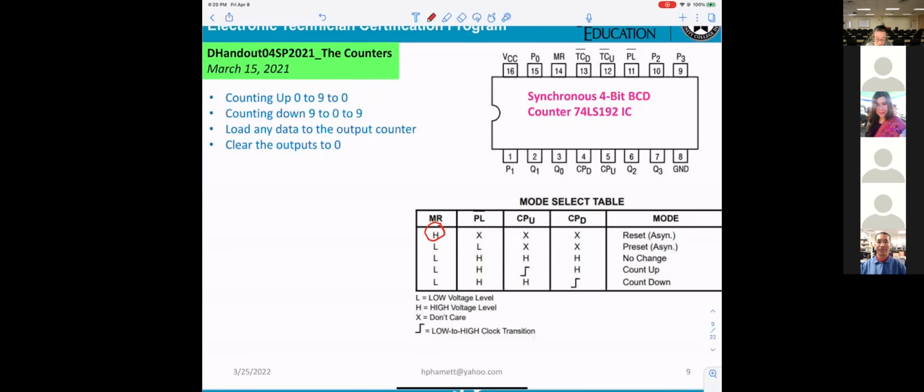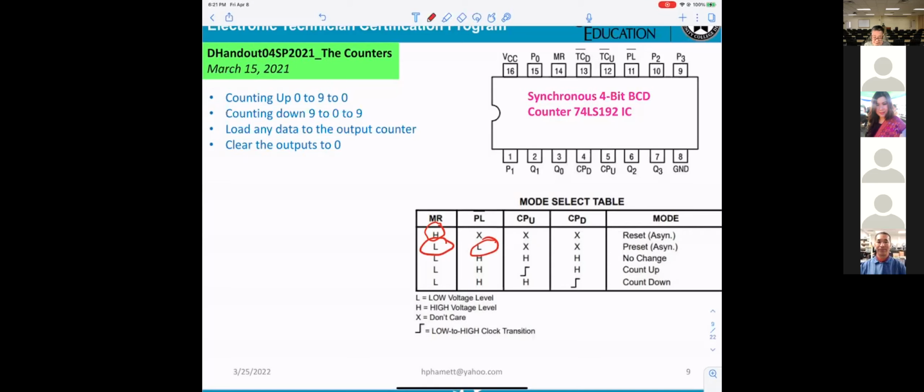Okay, now if you want to do loading, then reset must be low, and also you don't care about CPU, CPD.